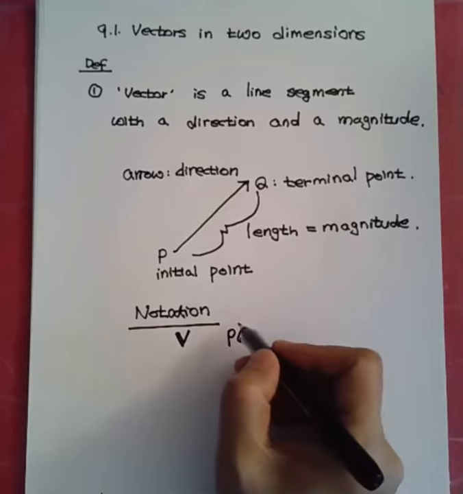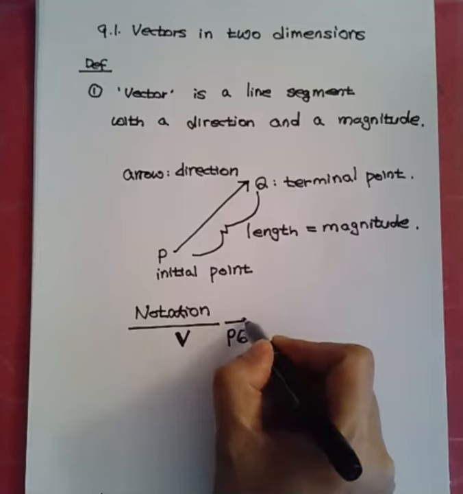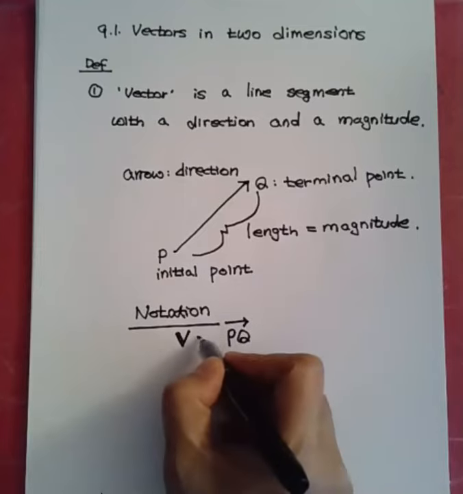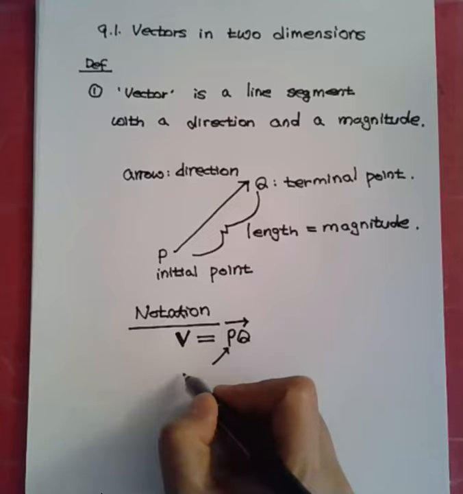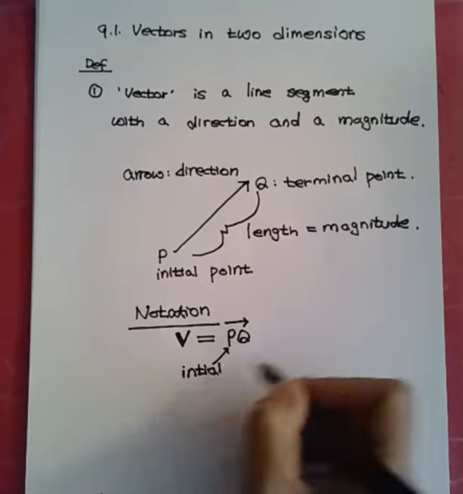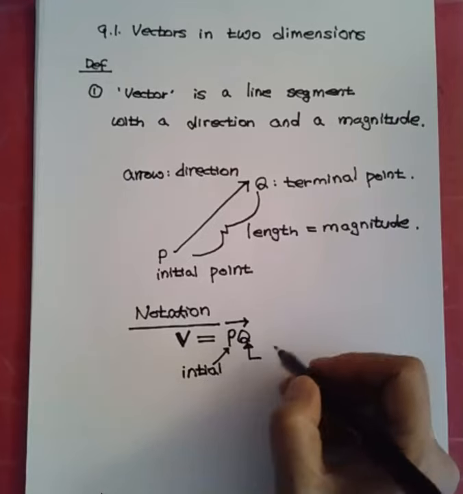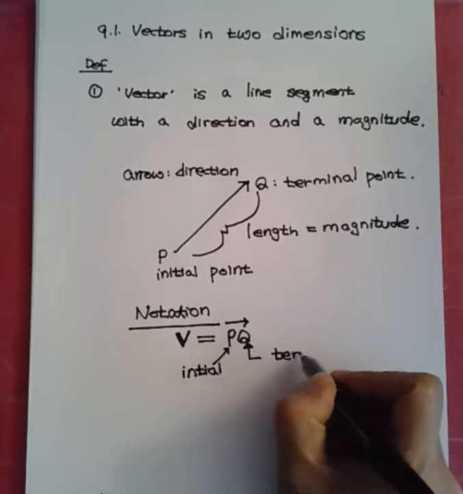To clarify that it indicates a vector, we put an arrow sign on the top. The first character is the initial point, and the next is the terminal point.